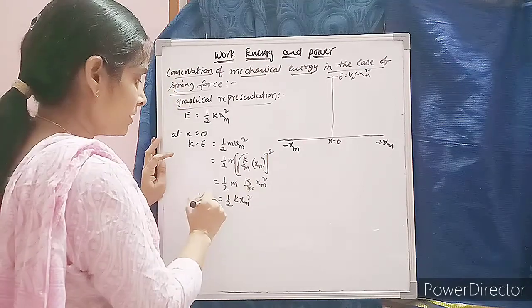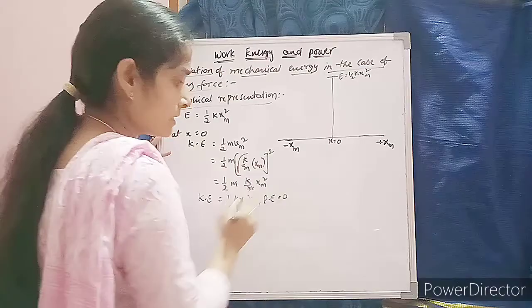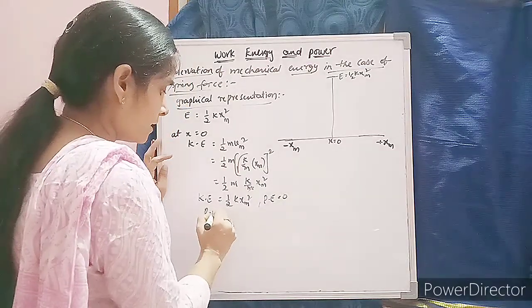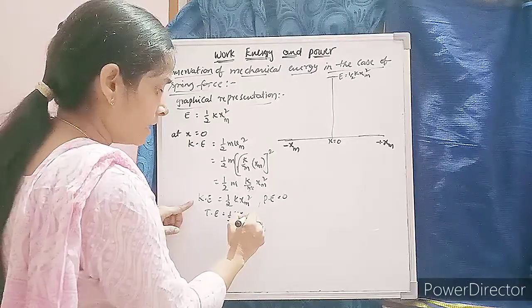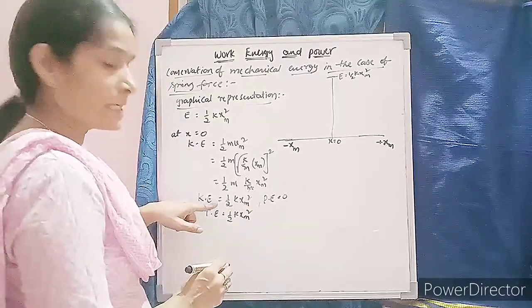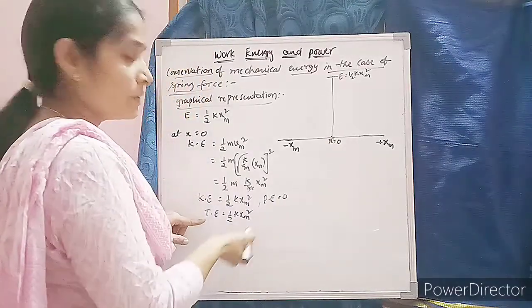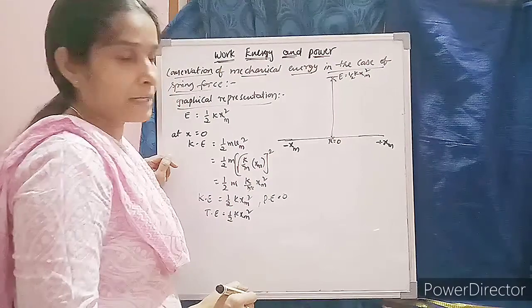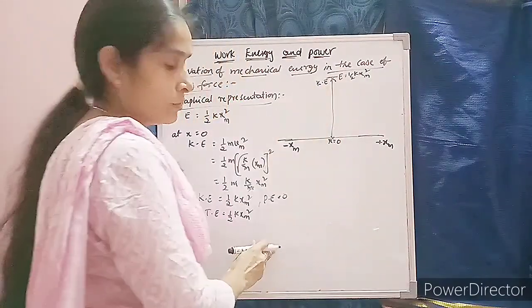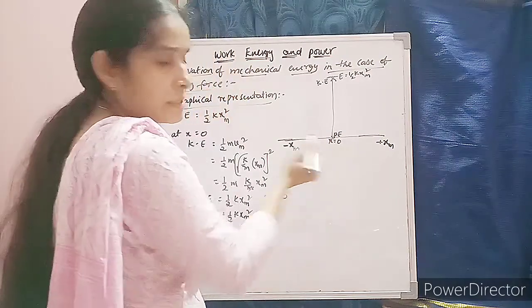So kinetic energy is equal to half k xm square and potential energy here is 0, and then total energy is kinetic energy only, that is half into k xm square. So kinetic energy is maximum at x is equal to 0, equal to the total energy. Here is the point for kinetic energy. Potential energy at x is equal to 0 is 0.